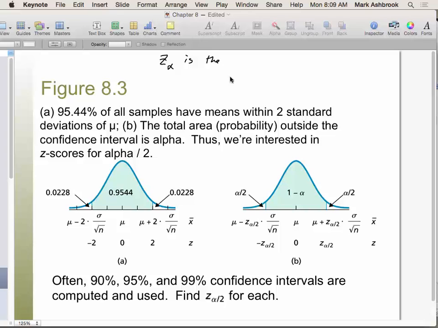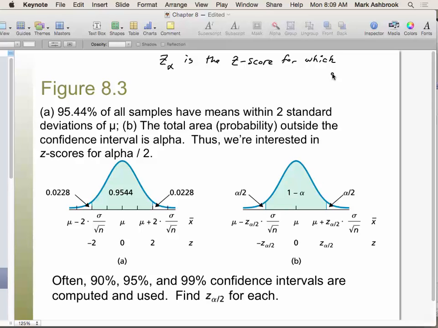First of all, is it a percentage or a Z-score? It's a Z-score. What did the alpha mean? Remember?